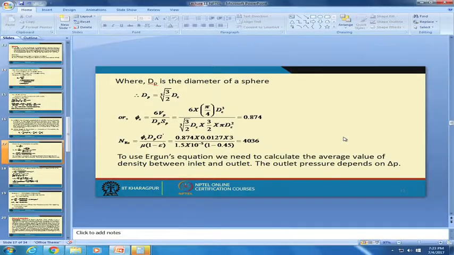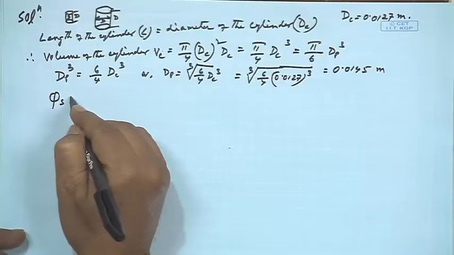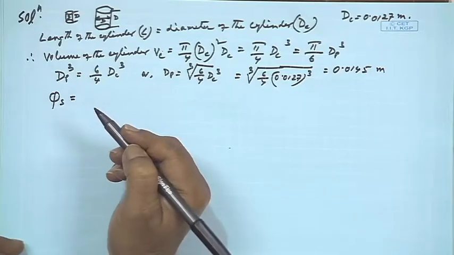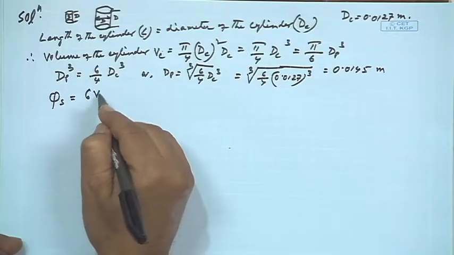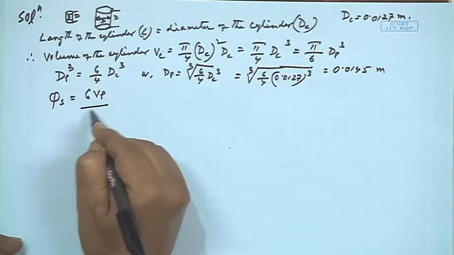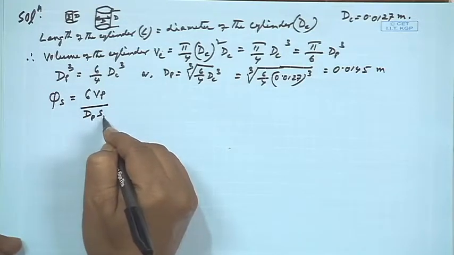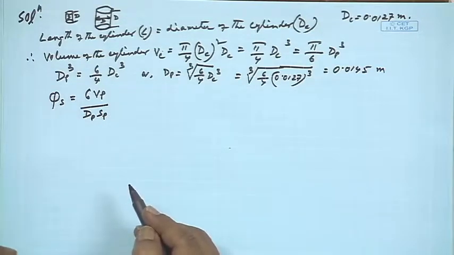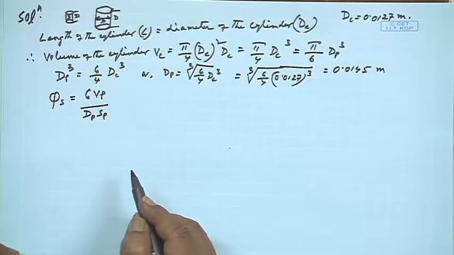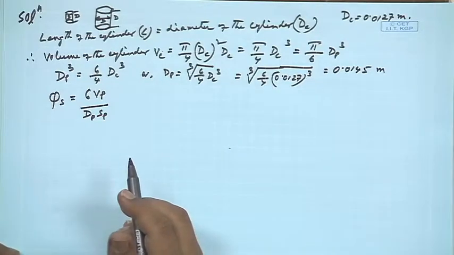Then we can say that phi s is 6 Vp by dp sp. This we have done at the beginning of the packed bed class, right?